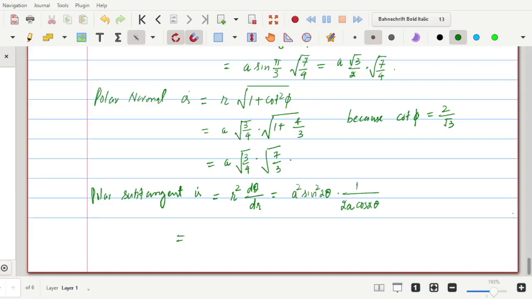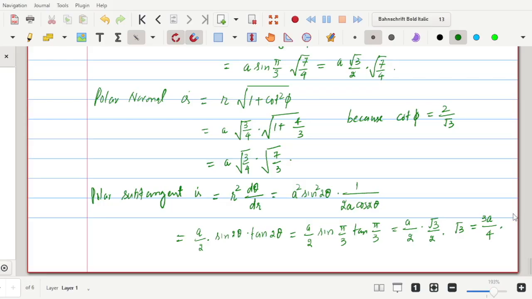Now we can further simplify this, and this becomes a divided by 2 sine 2 theta into tan 2 theta. Now at theta equal to pi by 6, this becomes a divided by 2 sine pi by 3 into tan pi by 3. We know that sine pi by 3 is equal to root 3 by 2 and tan pi by 3 is equal to root 3. So this finally becomes 3a divided by 4. So this is the length of the polar subtangent.